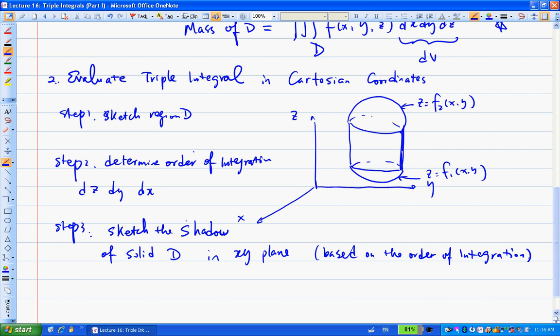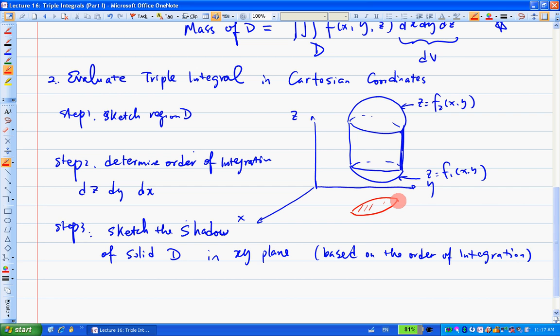So in my particular case, let's say I'm dropping this one, basically projecting this solid into the xy plane, and suppose that I get a shadow like this. In this particular case, the shadow is bounded by two curves. I'm using this example.